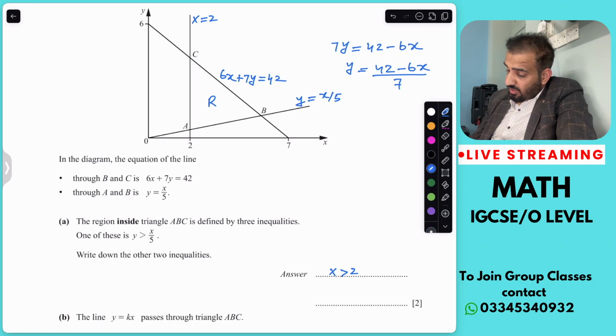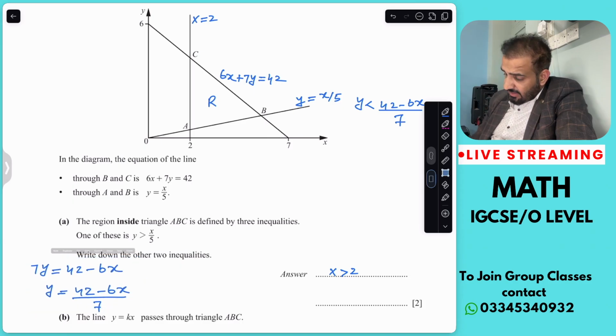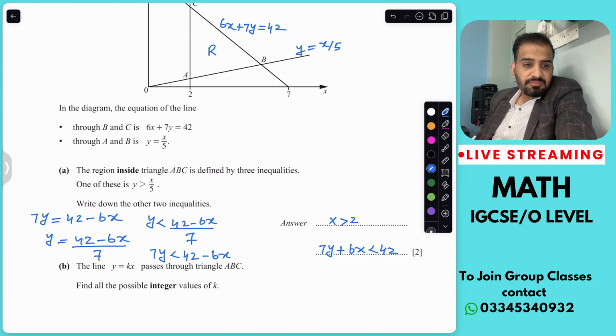So you will write y less than 42 minus 6x over 7. But as I said, you can give the answer in different forms, but in the exam, अगर आप marking scheme देखोगे, and if you want to get the same answer, then you have to multiply by 7 on the other side. So 7y less than 42 minus 6x. So yes, 7y plus 6x less than 42. This is your final answer.